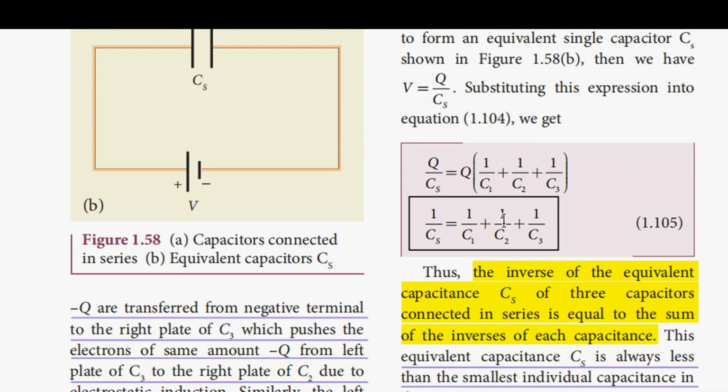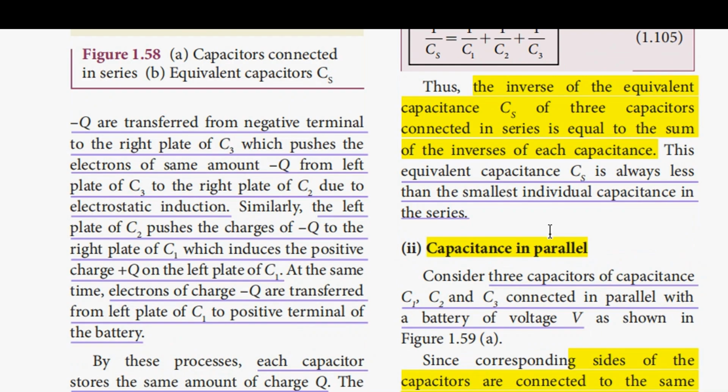That's 1 by CS is equal to 1 by C1 plus 1 by C2 plus 1 by C3. So the inverse of the equivalent capacitance CS of three capacitors connected in series is equal to the sum of the inverses of each capacitance. So this equivalent capacitance CS is always less than the smallest individual capacitance in the series.